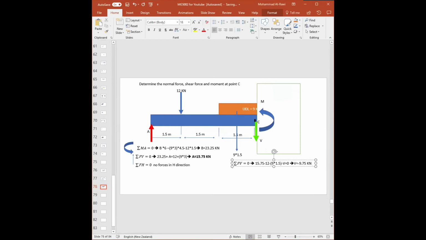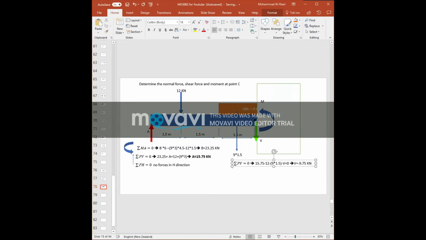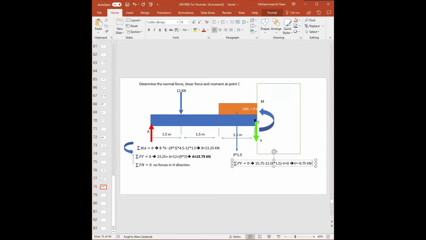Now, here is a good point. Guys, compressive or tensile is only when the force is perpendicular to the cross-sectional area. This shear force is not really perpendicular. If you look at the beam, it is not applied at the cross-section of the area. So we don't write here that it's compressive.